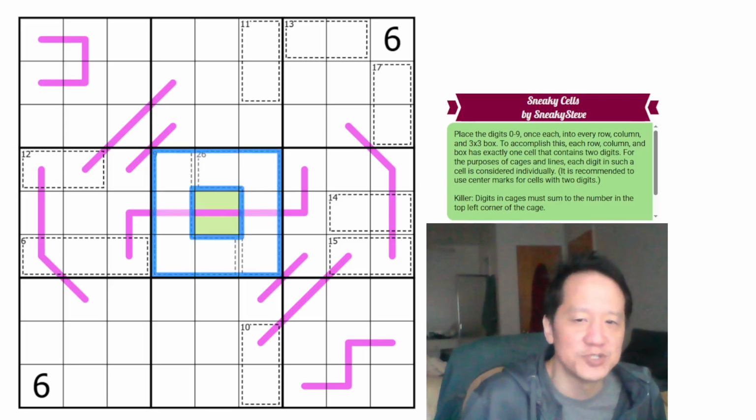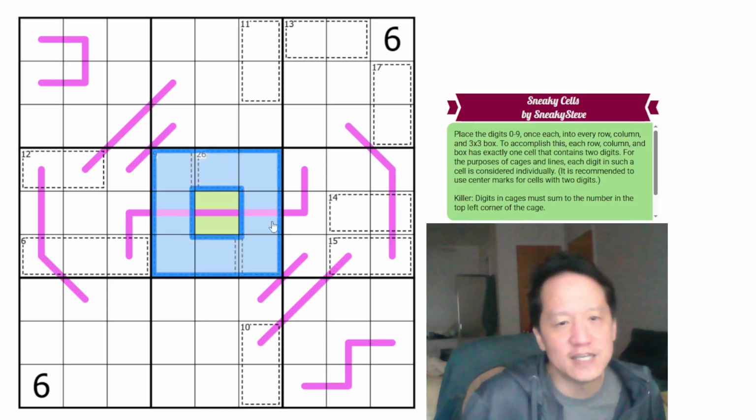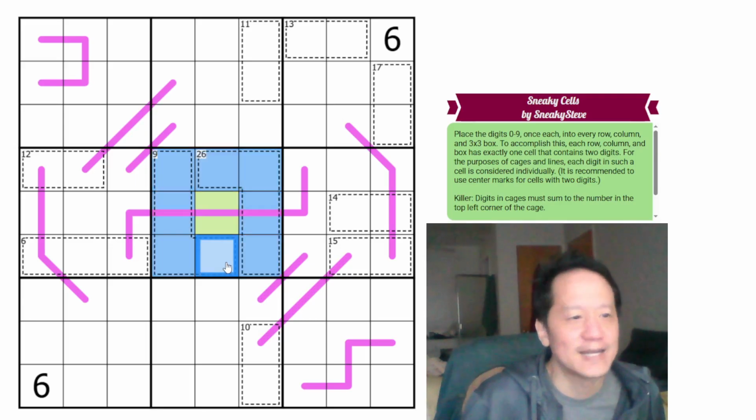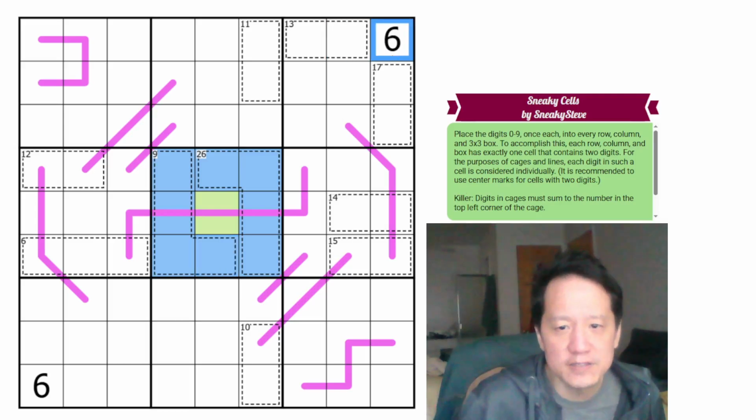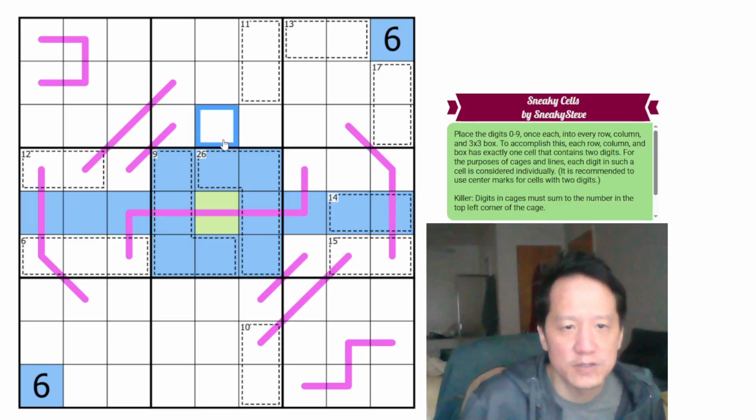Actually, let's just call them sneaky cells, since that's what Sneaky Steve says. This can't be a sneaky cell either. So none of these remaining cells can be sneaky cells. This can't be a sneaky cell. This cannot be a sneaky cell. And this can't be sneaky cells.